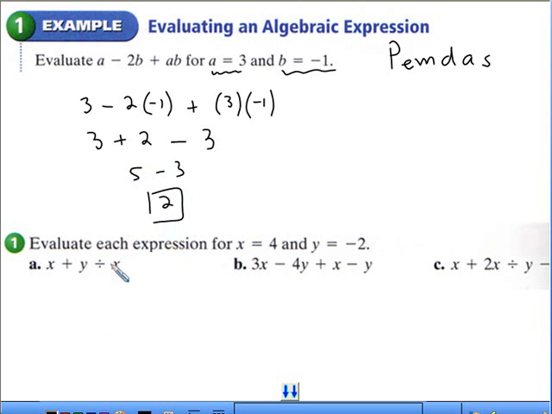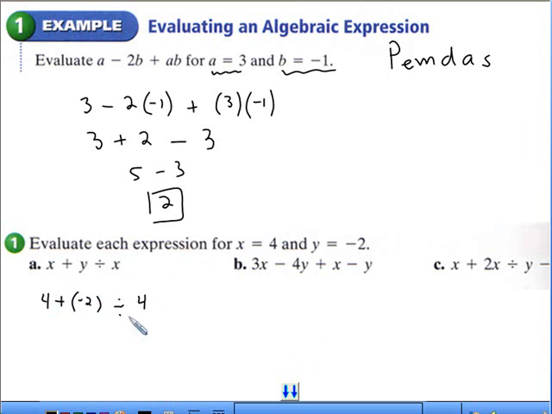Down here, evaluate. I have x equals 4 and y is equal to negative 2. The key is to plug in the problems correctly. So we get 4 plus negative 2 divided by 4. Follow the order of operations. Do we add first or do we divide? Well, the order of operations is we divide before we add or subtract.